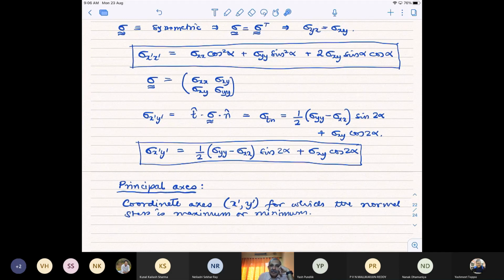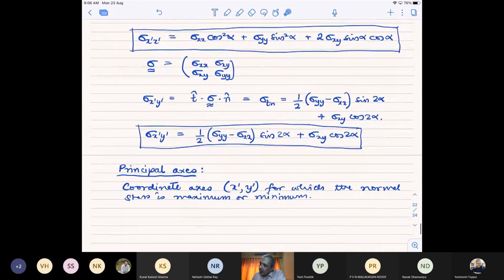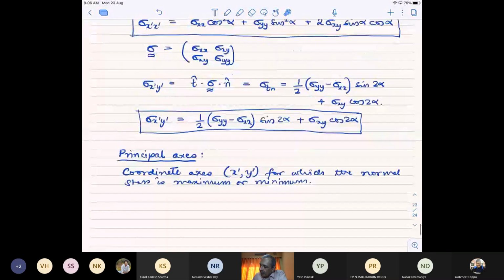But before I do the differentiation, I just want to put this in a slightly different form, in the same form as I have put this, which is in terms of sine of 2 alpha and cos of 2 alpha.